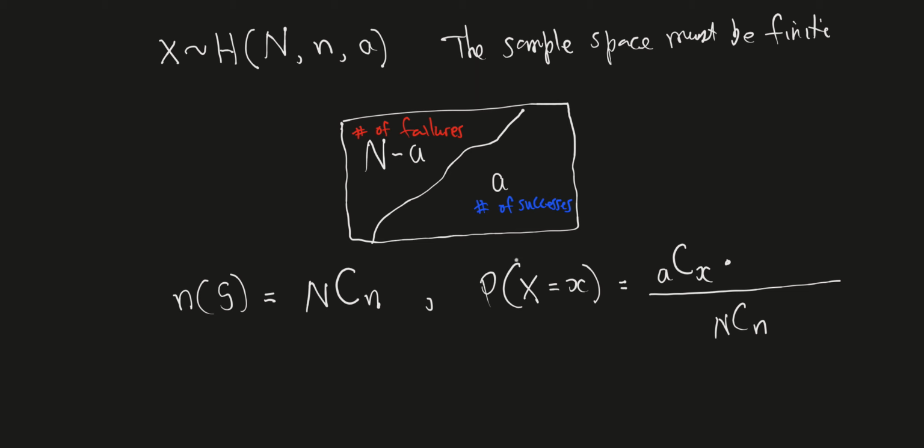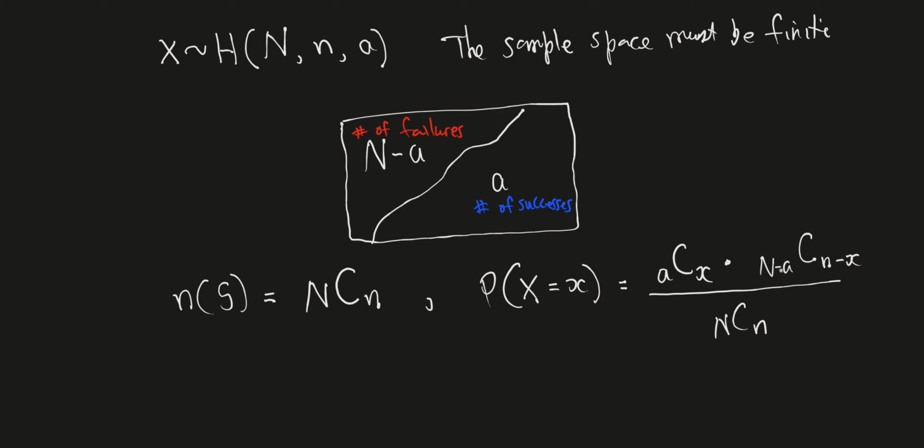If I want to have exactly x successes, and I am choosing little n total, then I would first have the x number chosen out of my number of successes, and then the remainder would be chosen out of the N minus A part of my population. So this, and then choose little n minus x, right?